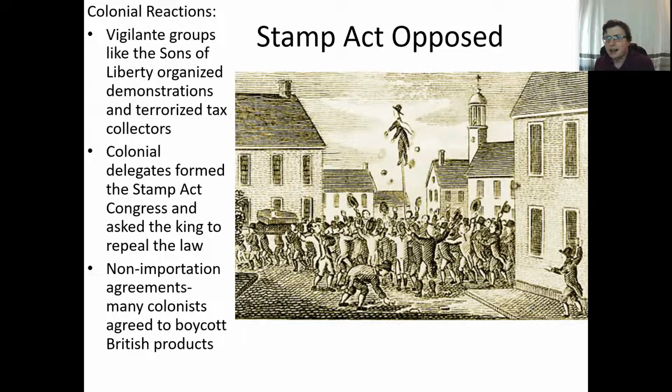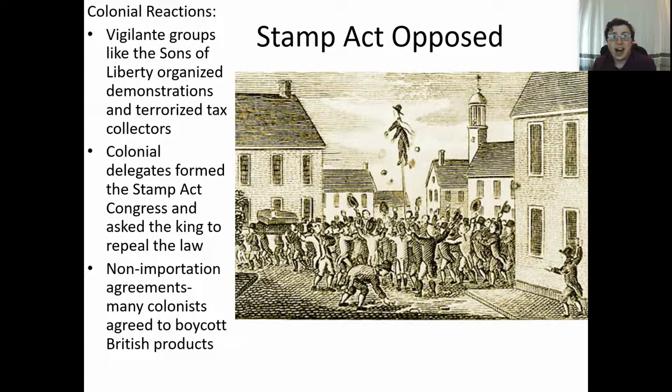This brings back the whole concept of no taxation without representation, but puts it onto a much larger scale. You'd have vigilante groups, such as the Sons of Liberty, who would organize demonstrations and would even lead to attacks on these tax collectors. You'd also have delegates from the colonies that would be sent to what's called the Stamp Act Congress, which would ask the King of England to take actions in repealing that law.